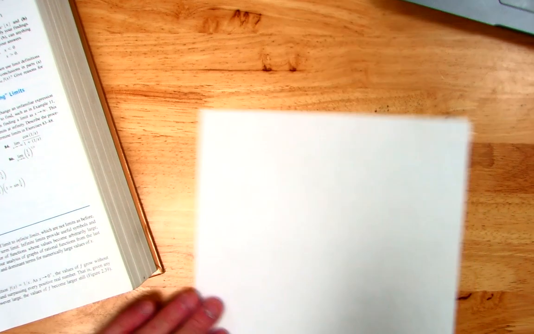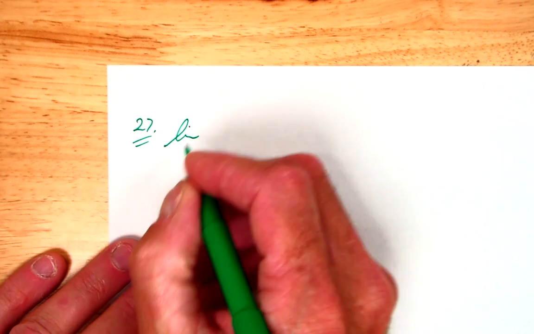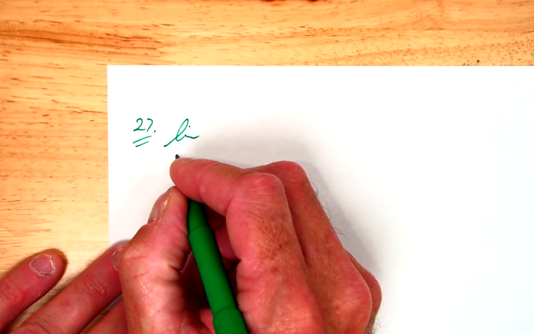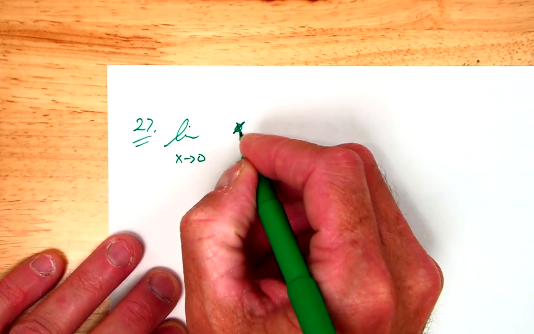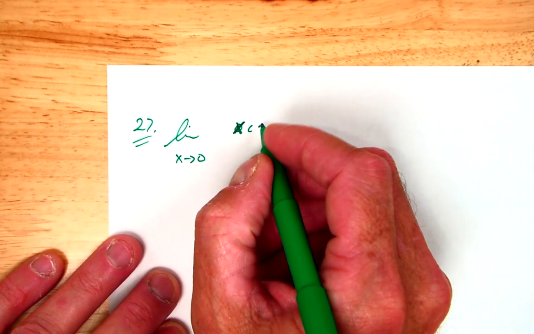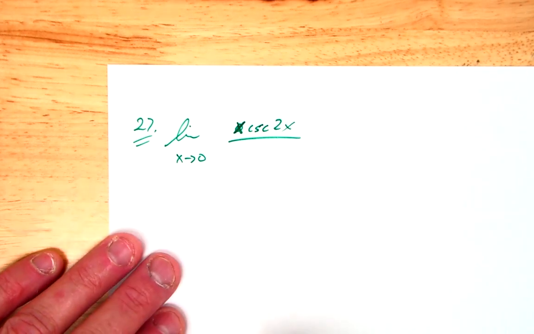Okay. 27. We got some work to do on 27, but it's really not as bad as you might think. Limit as x approaches 0 of x cosecant of 2x all over cosine of 5x.